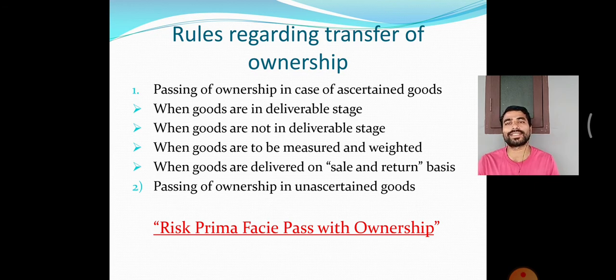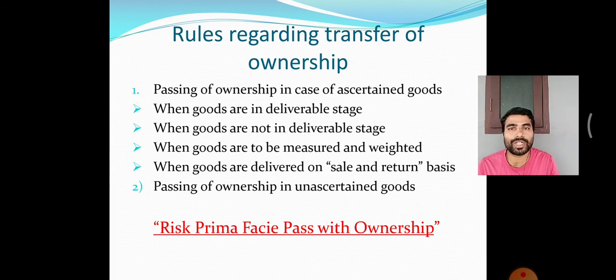So there is a saying in the Sale of Goods Act: risk prima facie passes with the ownership. The risk of loss prima facie passes with ownership. The question here is, when will the risk of loss pass to the other party? The risk of loss will pass only with the ownership.